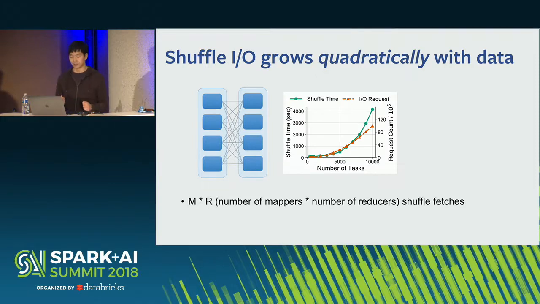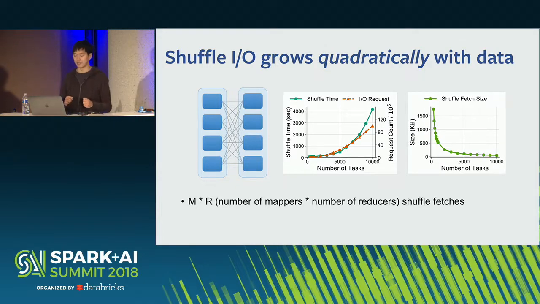So what does that mean in terms of practical impact? Here we have an experiment where we're adjusting the size of the data, and we're also growing the number of tasks accordingly. We see that the total I/O requests that we make grow quadratically, as we saw in the illustration. And we also see in the green line that the shuffle time increases accordingly.